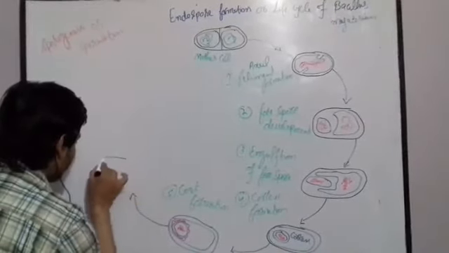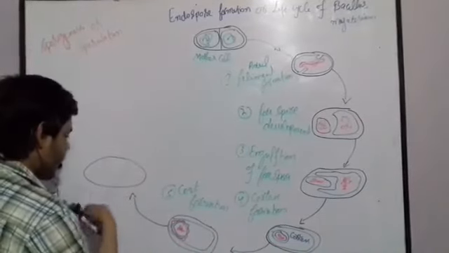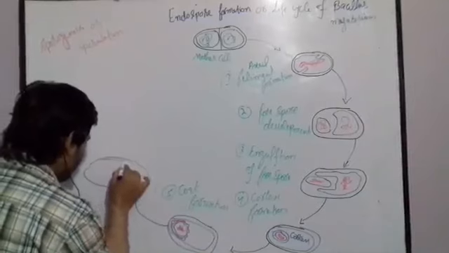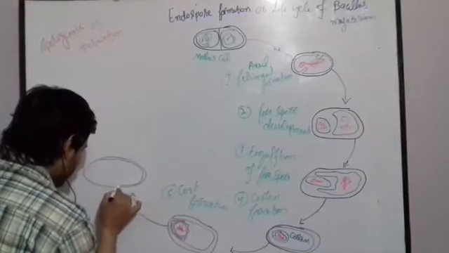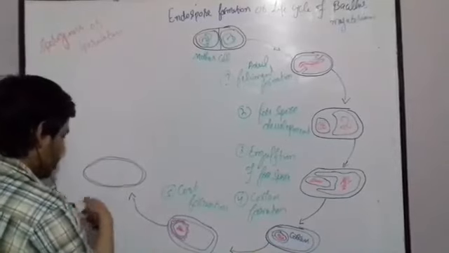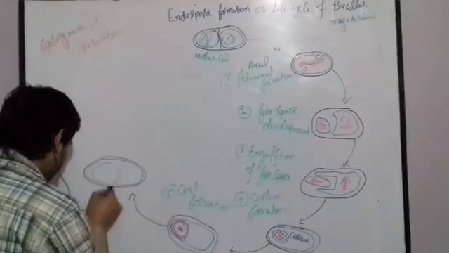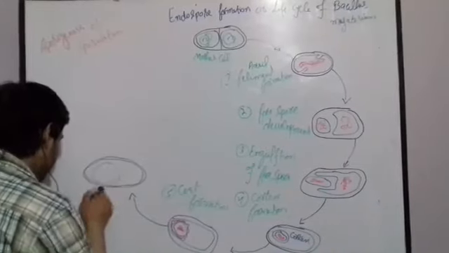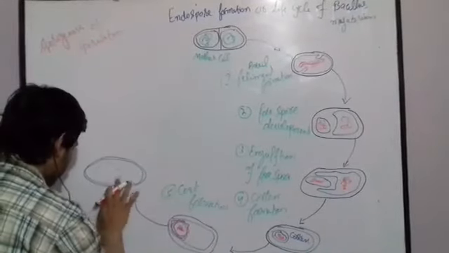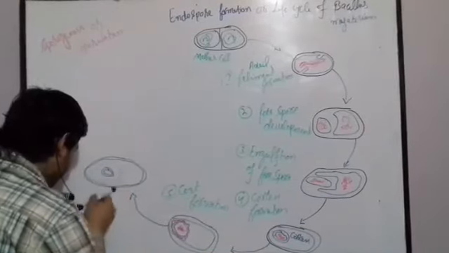In the next step, let's suppose this is again the Bacillus megaterium, and this is the membrane portion. This is the first layer. Sorry. Let's suppose this is the cortex.